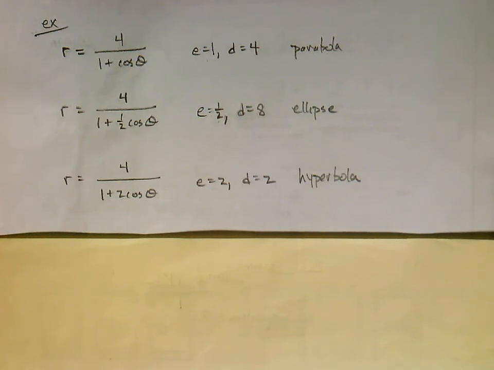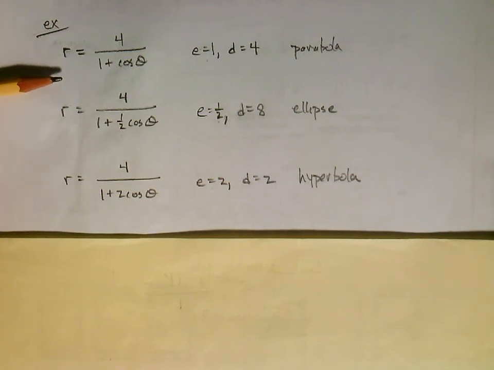I invite you, put these into Desmos. Put this one in first. Check out the graph. This one, I forget, it's going to be oriented horizontally. I believe it comes back to the left, if I'm not mistaken. And it will be the parabola with a focus.